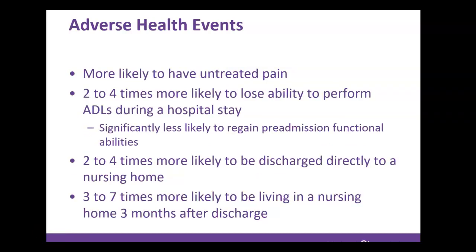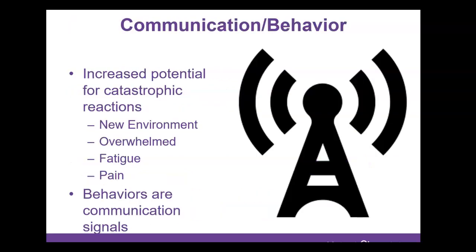They're more likely to have untreated pain, 2 to 4 times more likely to lose ability to perform activities of daily living during a hospital stay, 2 to 4 times more likely to be discharged directly to a nursing home, and 3 to 7 times more likely to be living in a nursing home 3 months after discharge from a hospital.